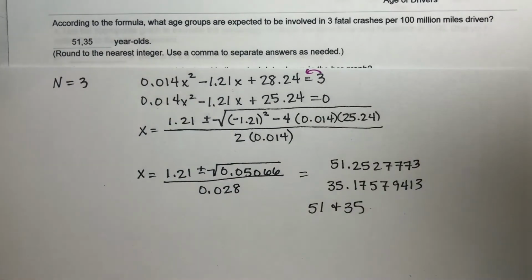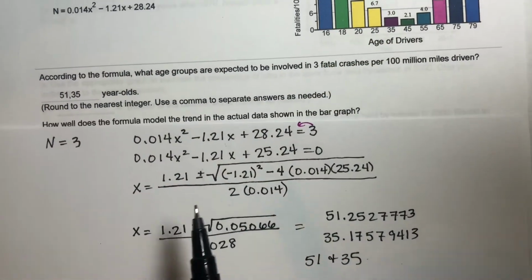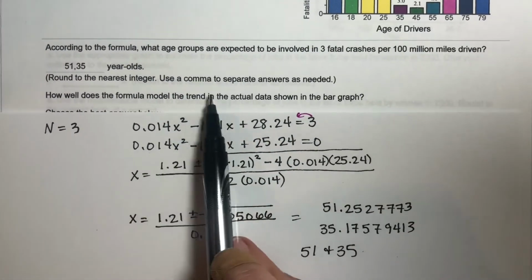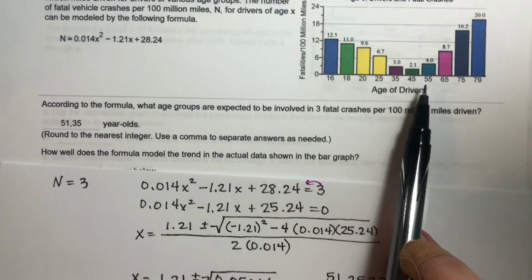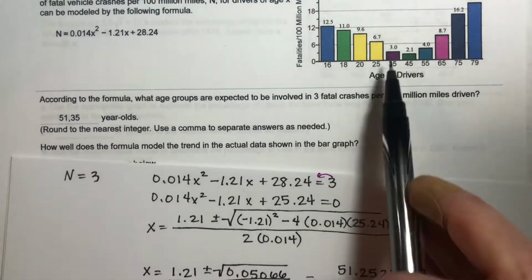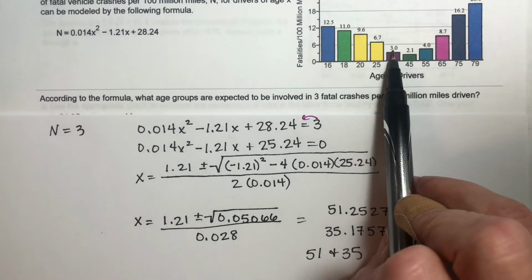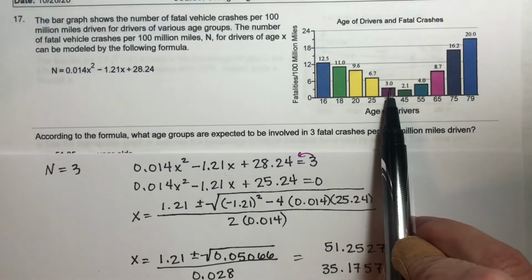Okay, now the next part of this asks us, how well does the formula model, how good is it at representing our graph here? Okay, so what I look at is from this graph, it says 35-year-olds should expect to get in about 3 fatal accidents per 100 million miles.